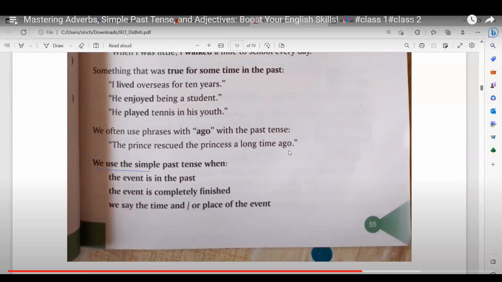Okay. Now the next one. Debanshu, tell me. The event, yes, in the past. Okay, tell me, beta, Debanshu. Tell me, Debanshu.